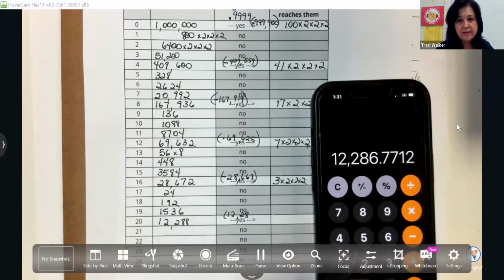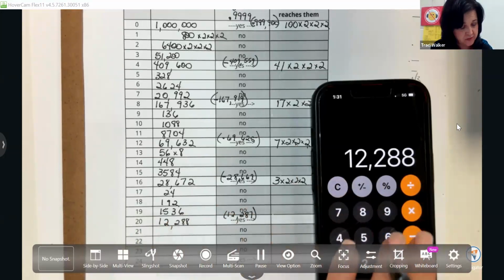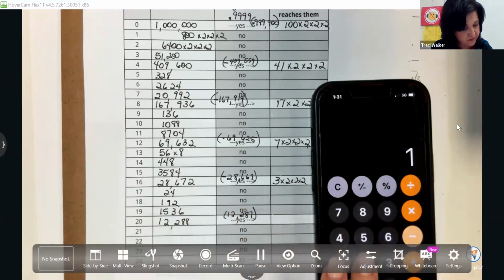So that means we've killed 12,287. So 12,288 was what we had before the dose. And then we killed 12,287. So that leaves 1 bacteria cell.